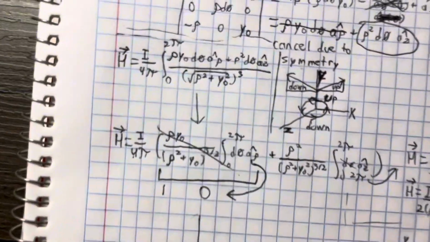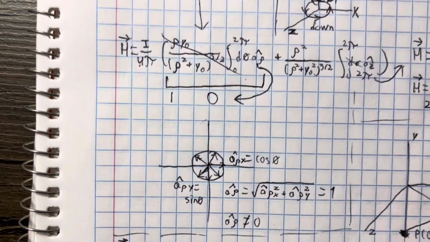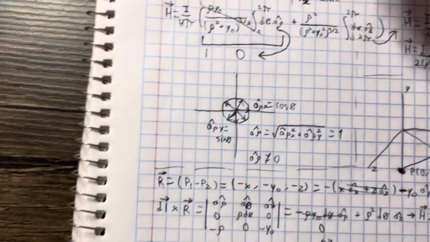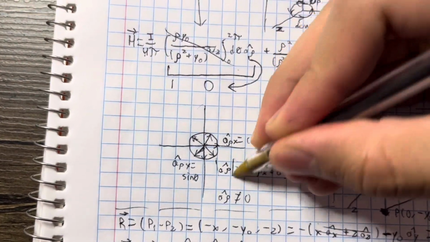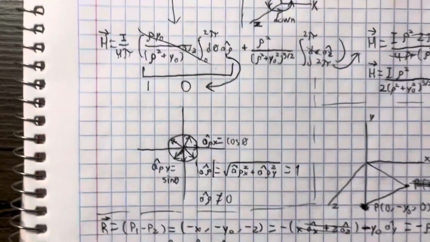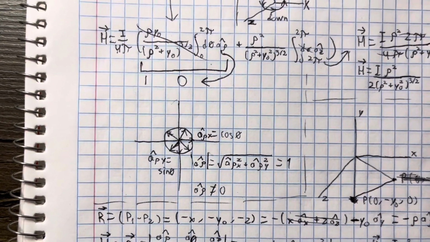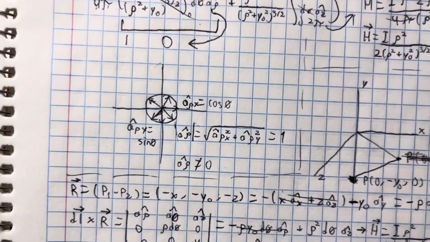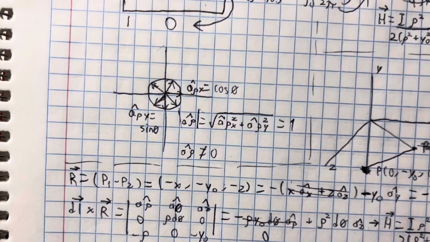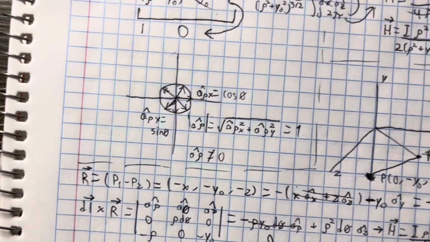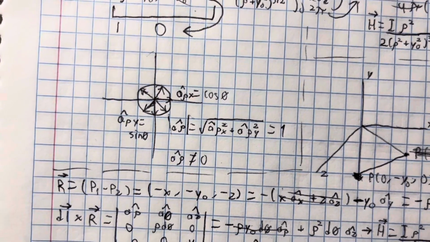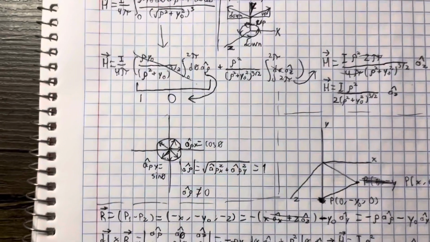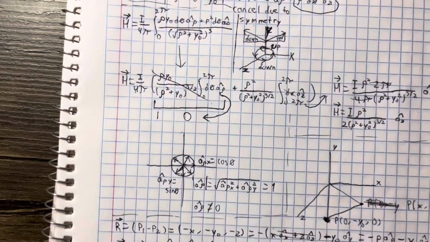When we try to find out if the rho vector is actually 0, it's not, because the absolute value of rho is just the square root of the x component and the y component in the rho vector. Since we know that sine squared plus cosine squared is equal to 1, and the square root of 1 is 1, we can see that it's different from 0. So this makes us skeptical of the Biot-Savart law.